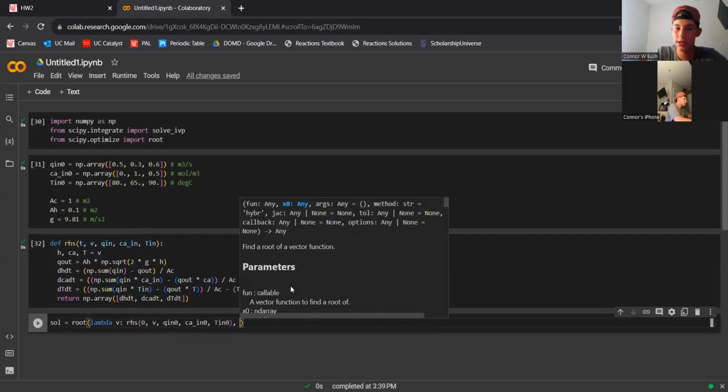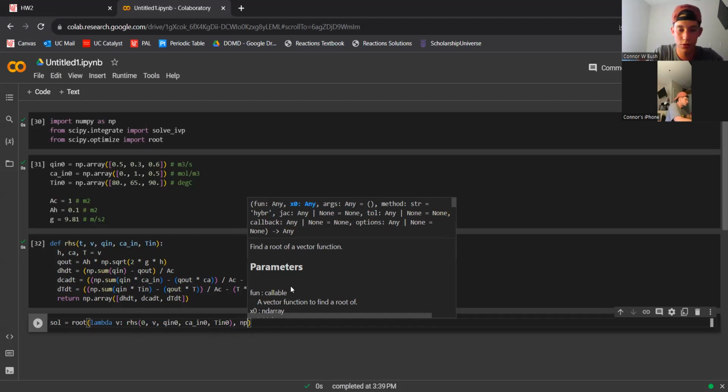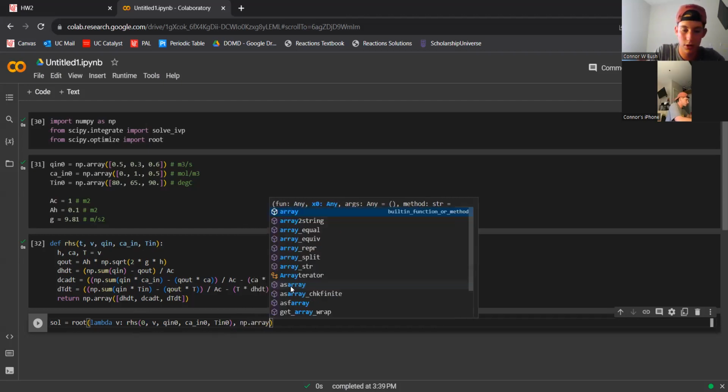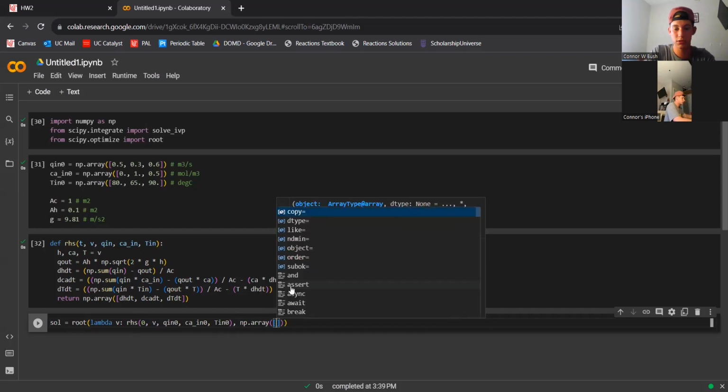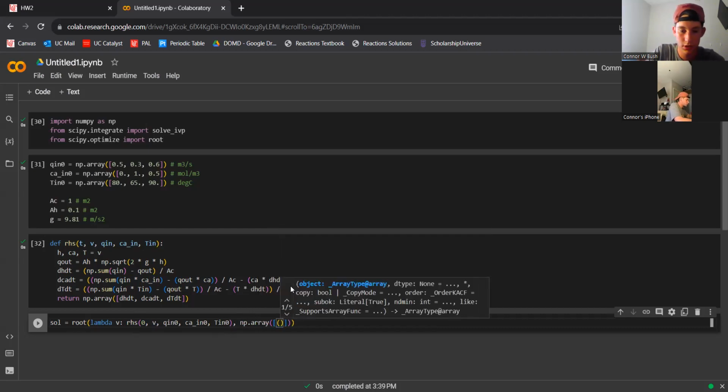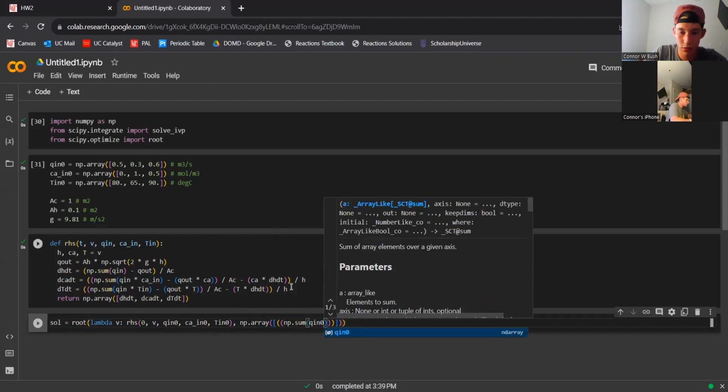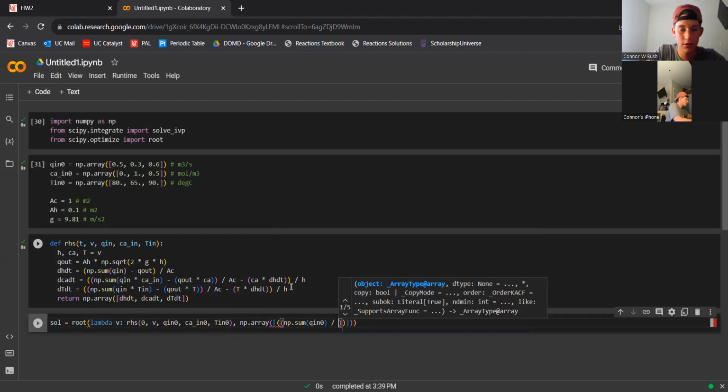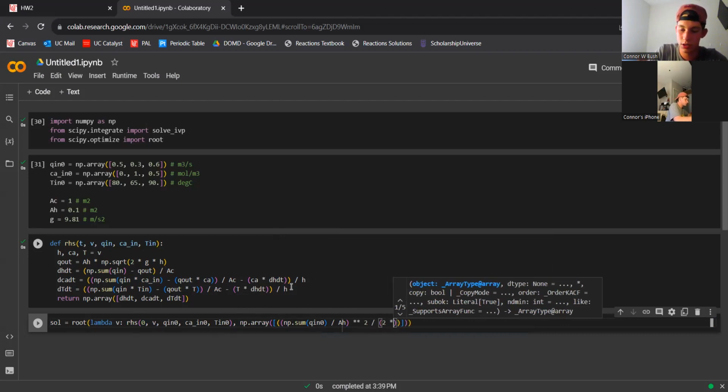And then we're going to need initial guesses. So like I was saying earlier, we needed that expression for height as the initial guess. So we need to make another array for our initial guesses. So this is going to be the sum of all of the initial flows coming in divided by the cross-sectional area of the hole, and then this is going to be squared divided by 2 times g.